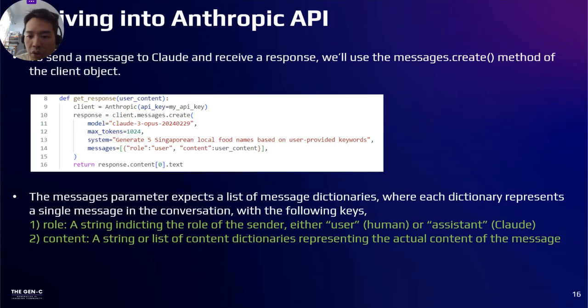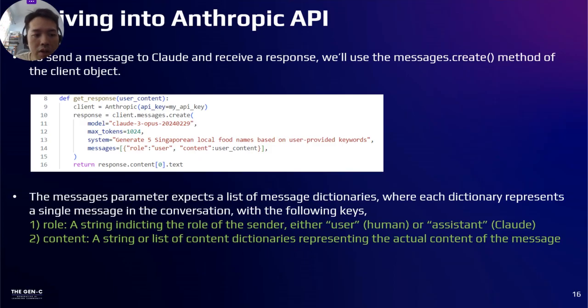If a list of dictionaries is provided, each dictionary should have a type key, for example text or image, and the corresponding content value. For now, we will leave content as a single string, which is basically the input that the user will enter on the UI itself.